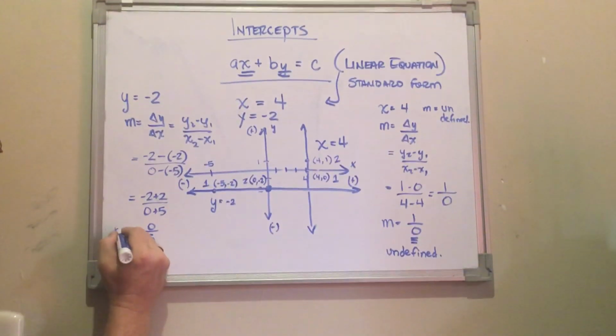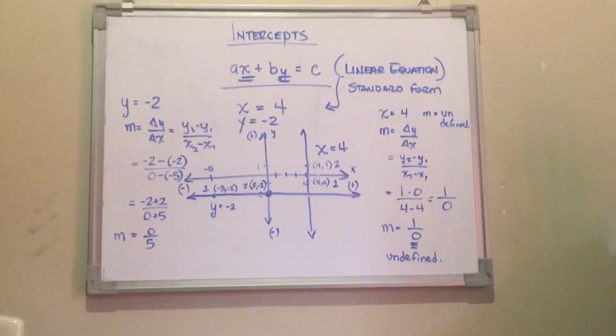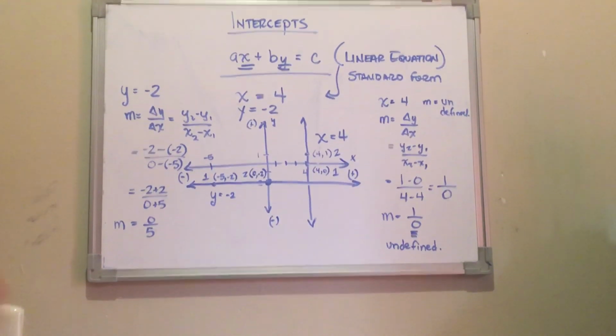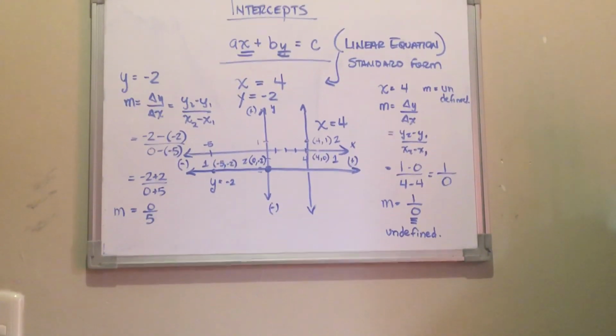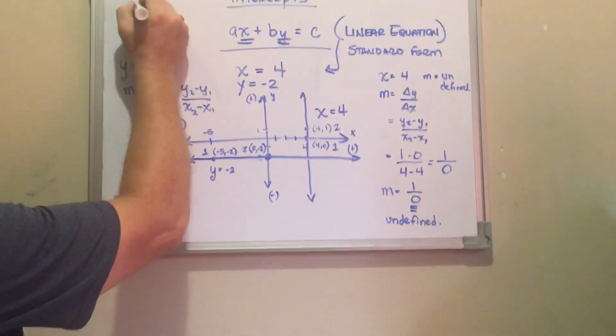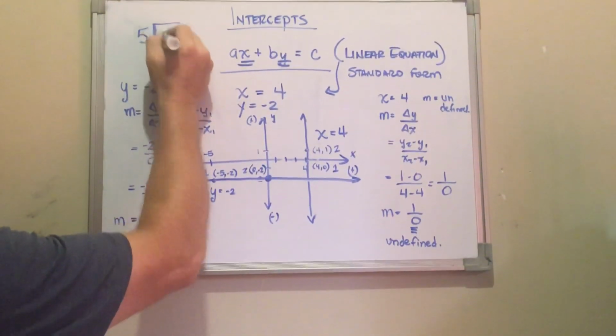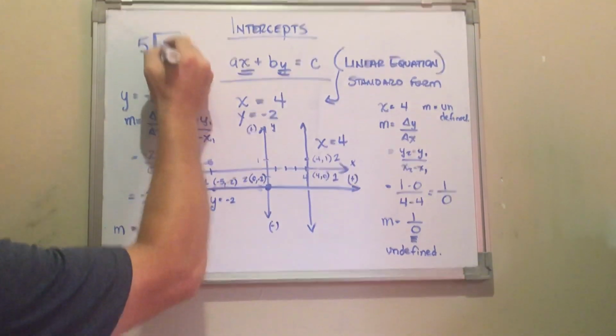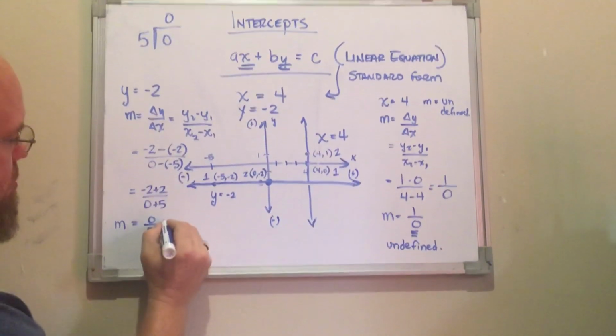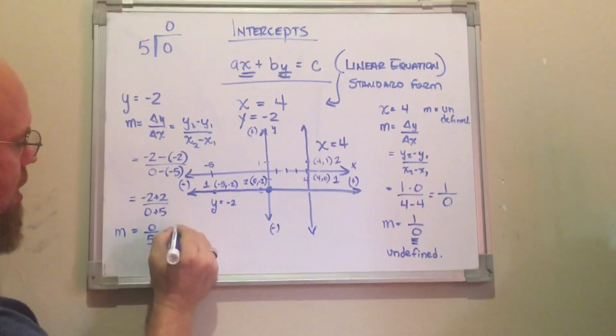Well, that is the slope of y equals negative 2. Does 5 go into 0? Yes, it does. Right? 5 goes into 0 how many times? 0 times. So that equals 0.